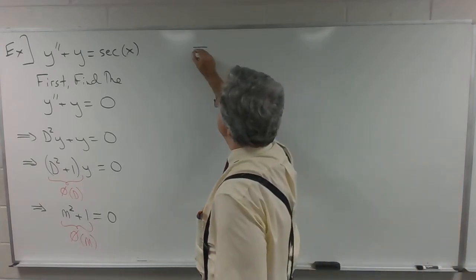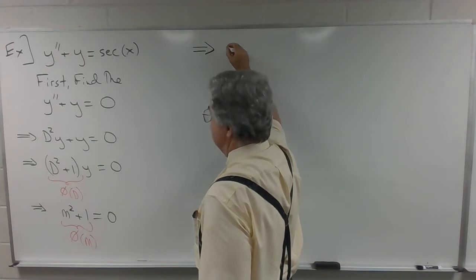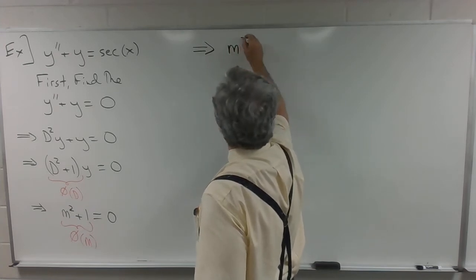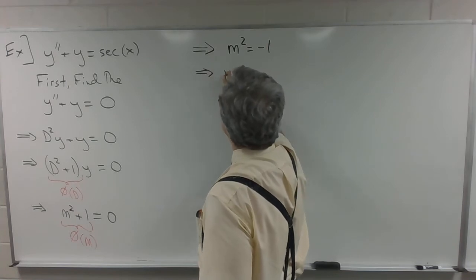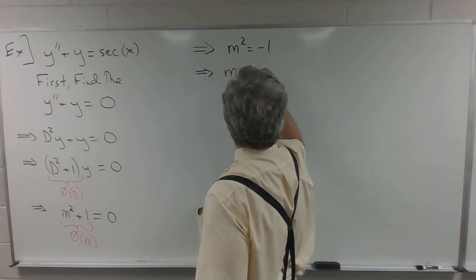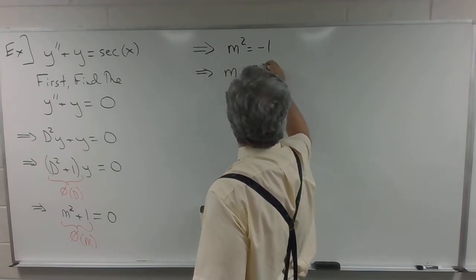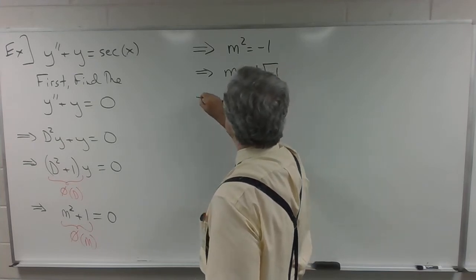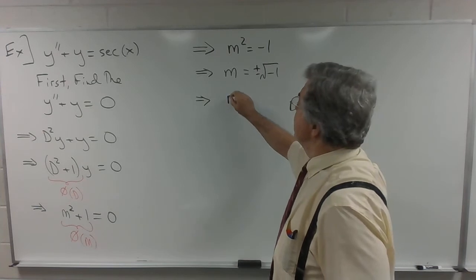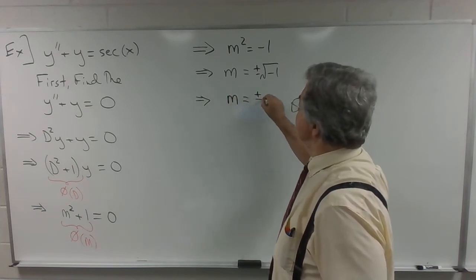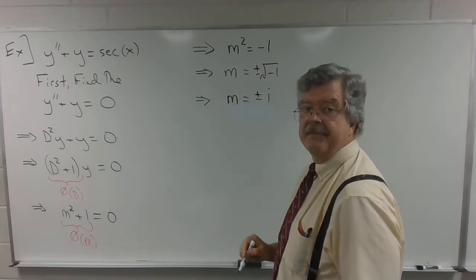And we solve that, let's say, m squared equals -1, so m equals plus or minus the square root of -1. So m equals plus or minus i.